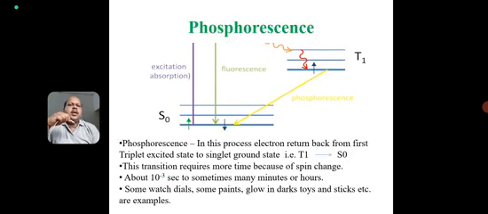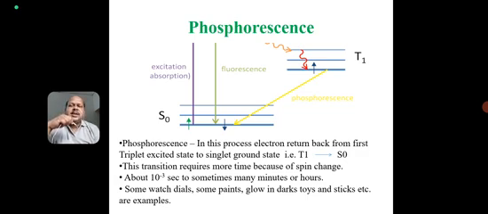Next one is more interesting, phosphorescence. In this process, electrons return to the singlet ground state from triplet excited state number 1. This transition requires more time because here again the electron has to change its spin.